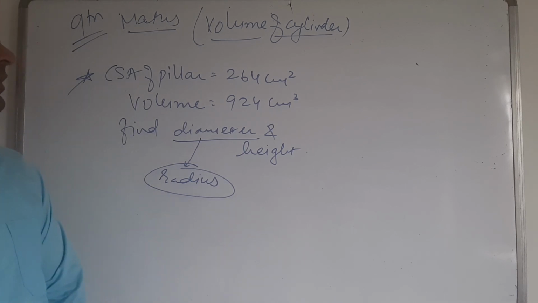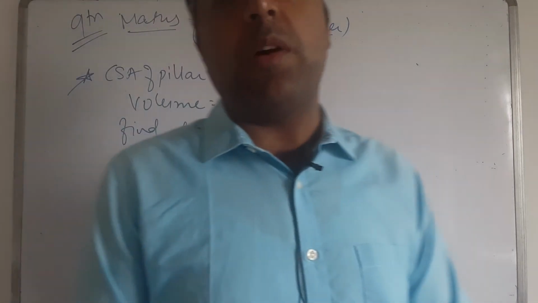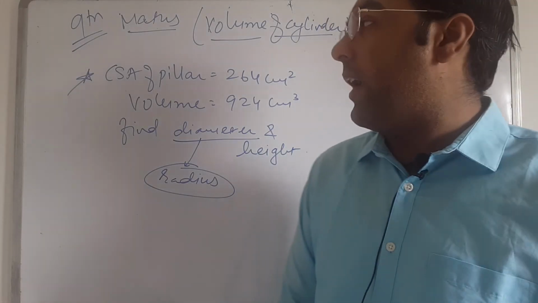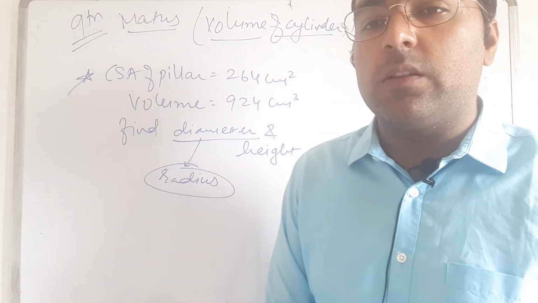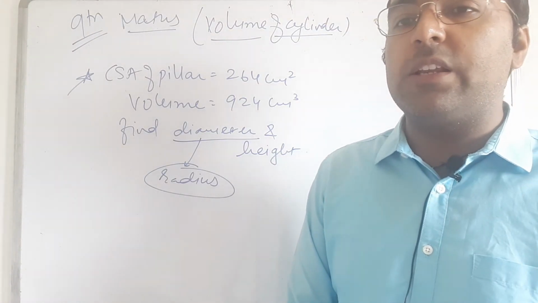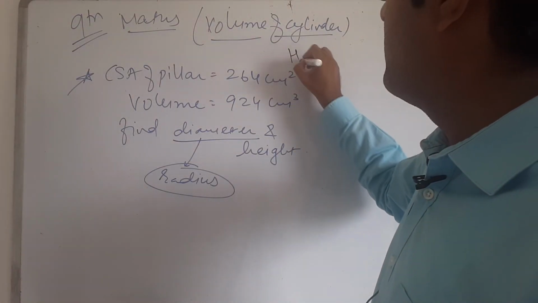We don't say tricky, it's an easy sum. Just remember the formulas and put in the values of the volume and surface area of the cylinder, then you get the answer. Write this question down for homework.